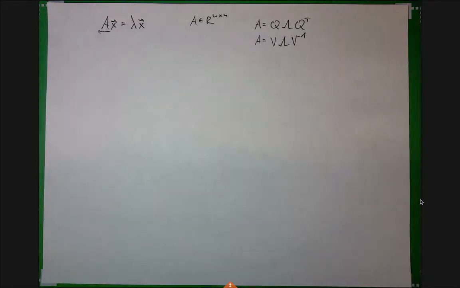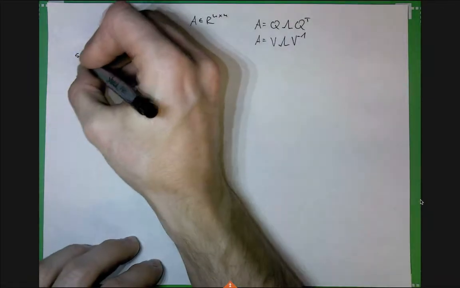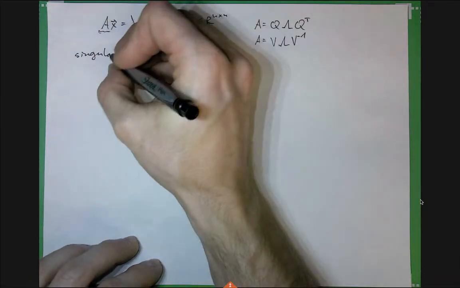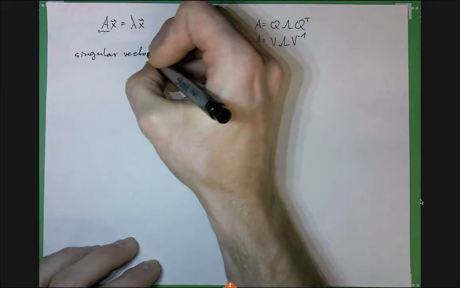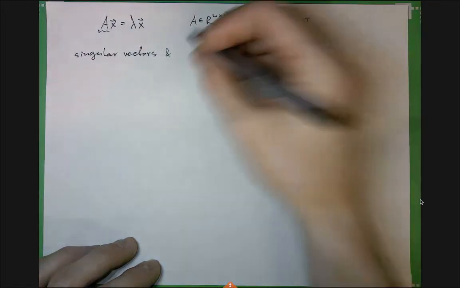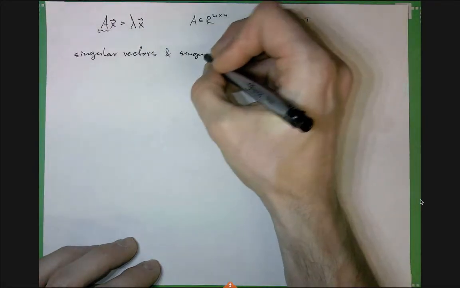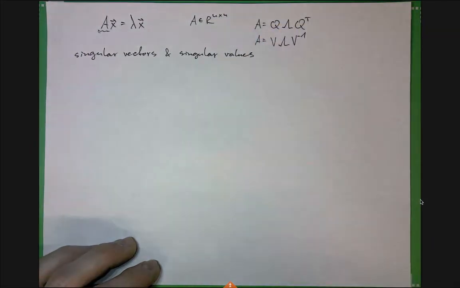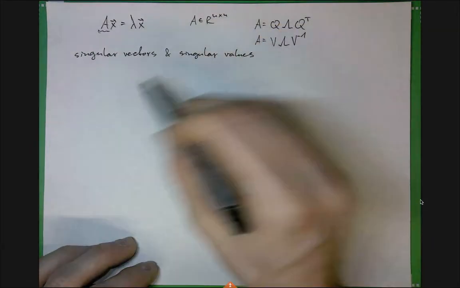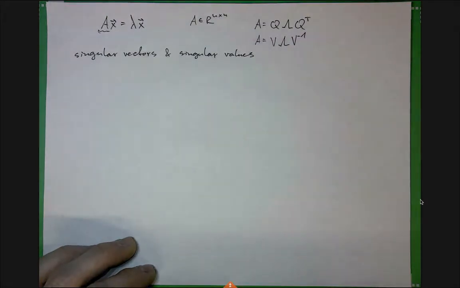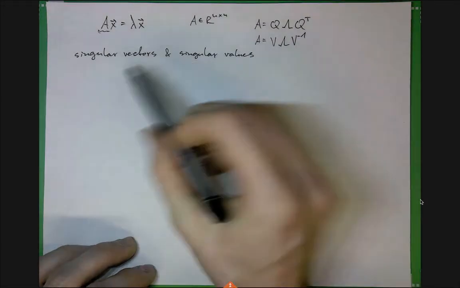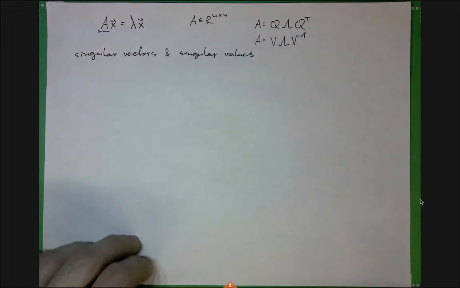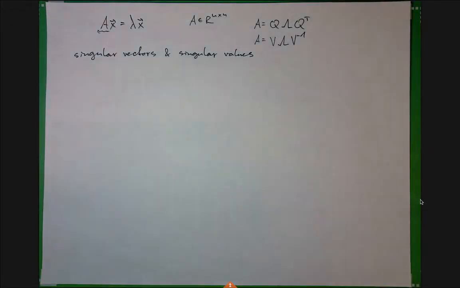So what will save us is the concept of singular vectors and corresponding singular values. And these magically solve all these problems. Singular vectors and singular values refer to similar ideas as eigenvalues and eigenvectors.